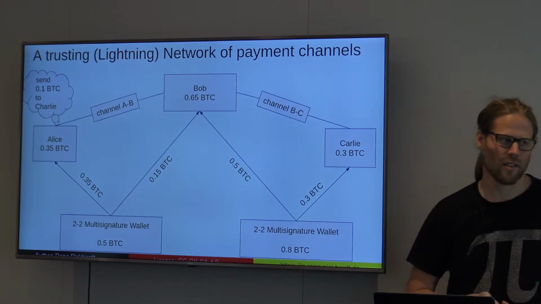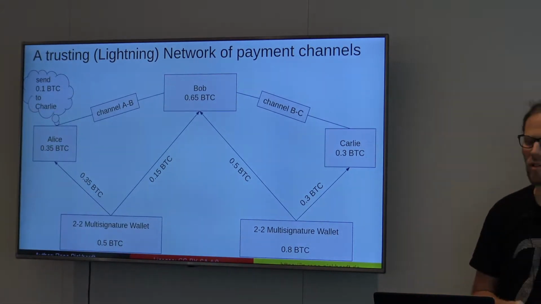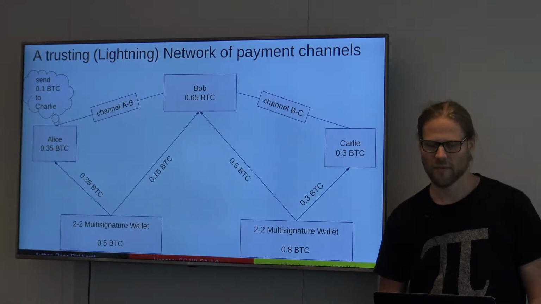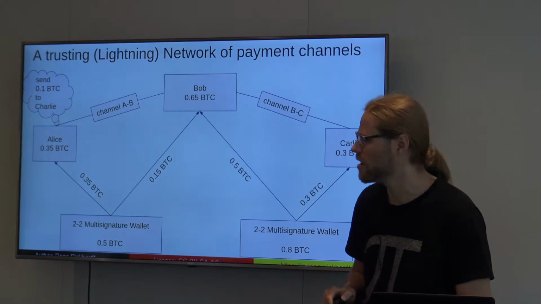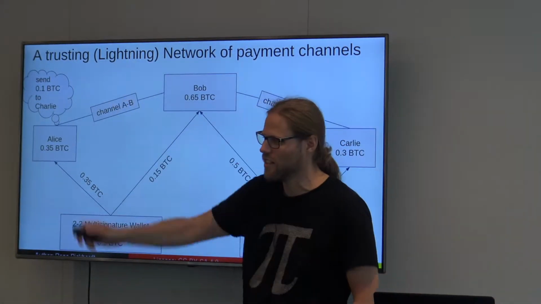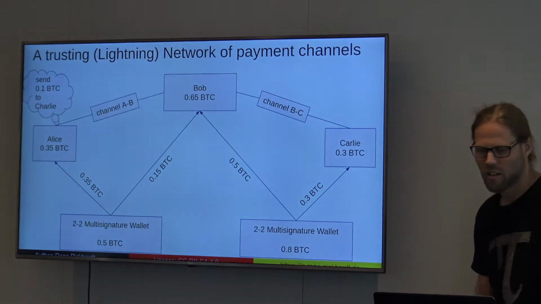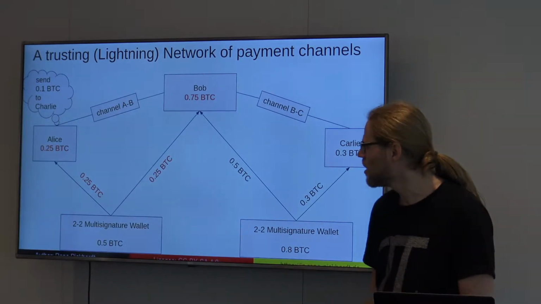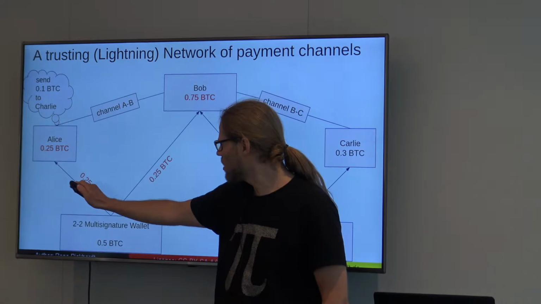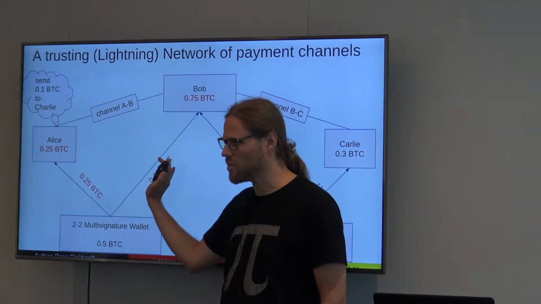Now Alice thinks, hey, I want to send 0.1 Bitcoin to Charlie. I want to talk about a trustless network, but let's talk about a trusting Lightning network initially. So Alice wants to send this money over via Bob. How does she do this? The commitment transaction gets updated.